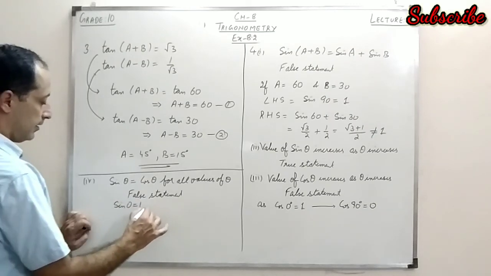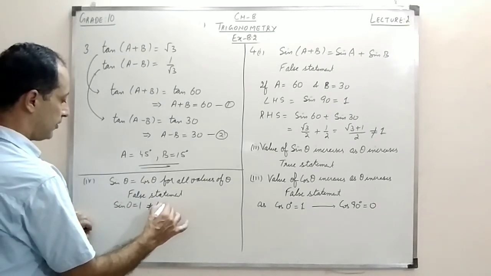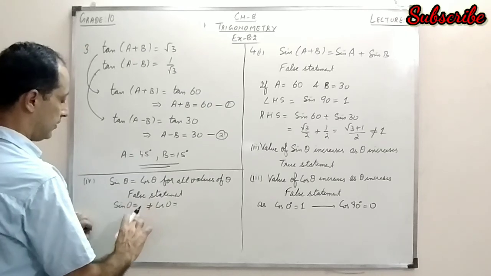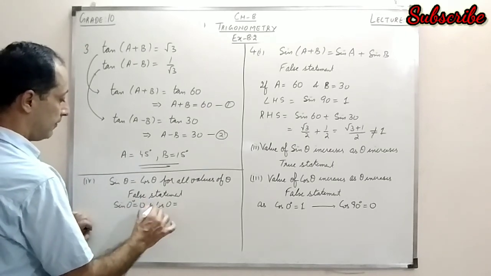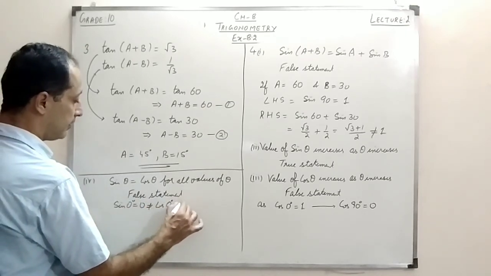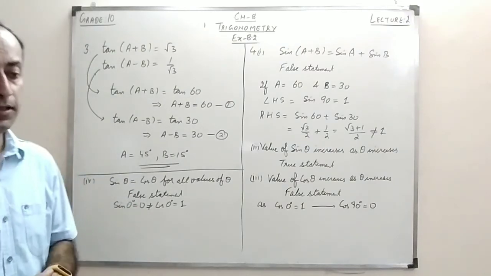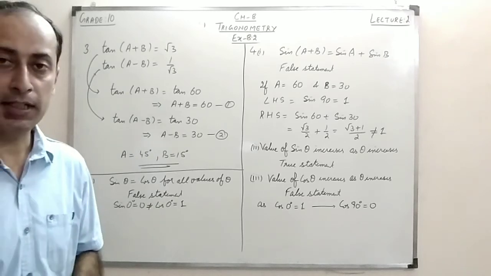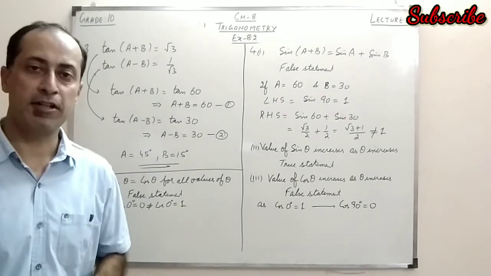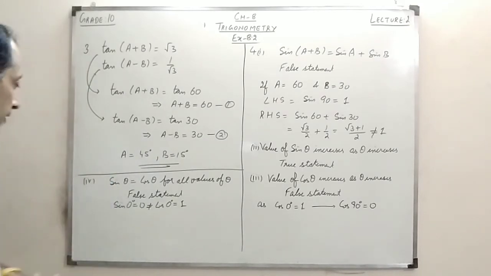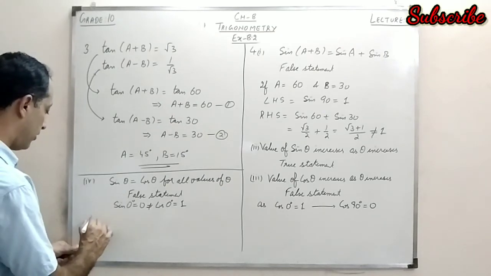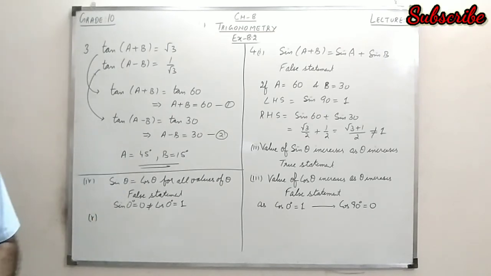Sine 0 degrees is 0, which is not equal to cos 0 degrees, which is 1. This is only true when theta is 45 degrees, because sine 45 and cos 45 are both 1 by root 2.